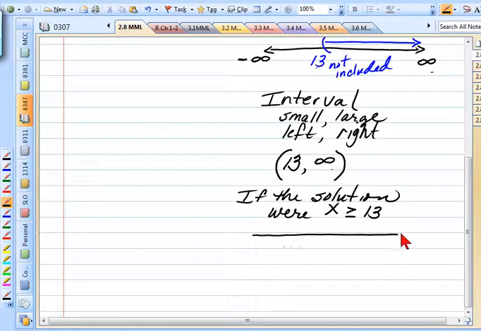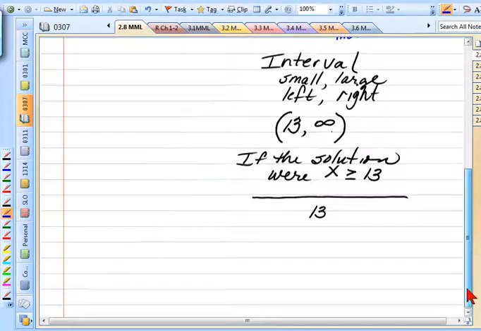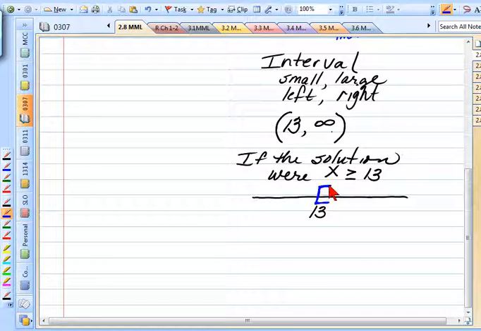Well, on the number line, I would still locate 13, but instead of using parentheses, because 13 is not included, 13 is included in this one, so the difference is I use a bracket. You can sort of remember this because if there is an equal in the inequality symbol, that's a little line, and the bracket has the little lines. That might help you remember. And it goes everywhere to the right.